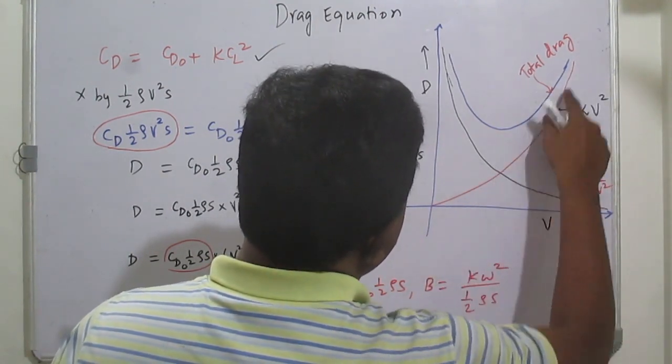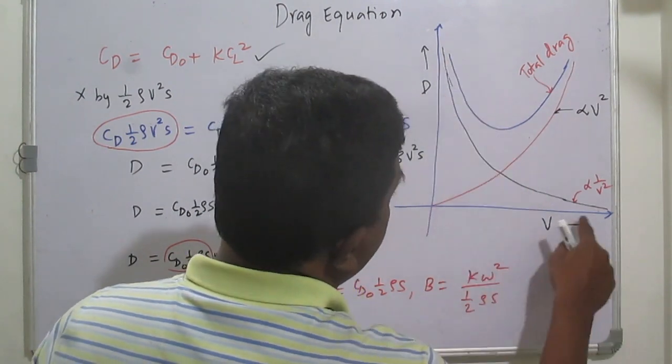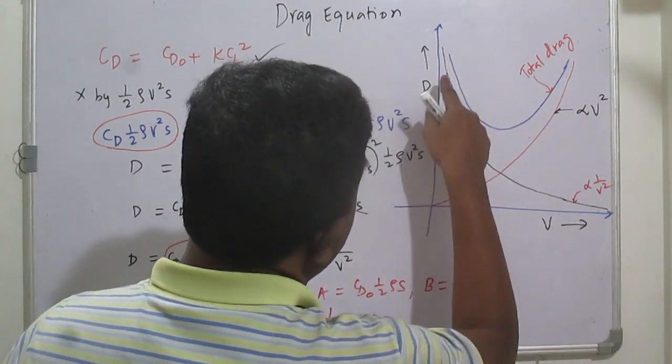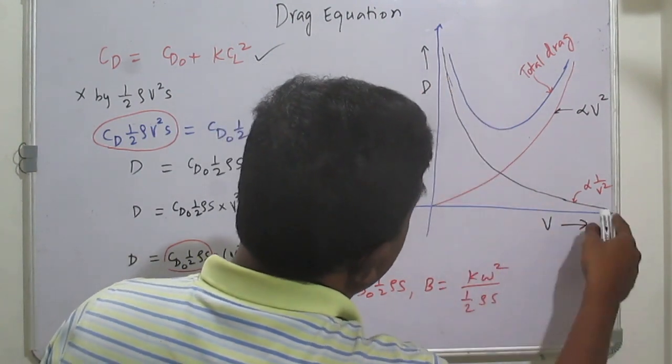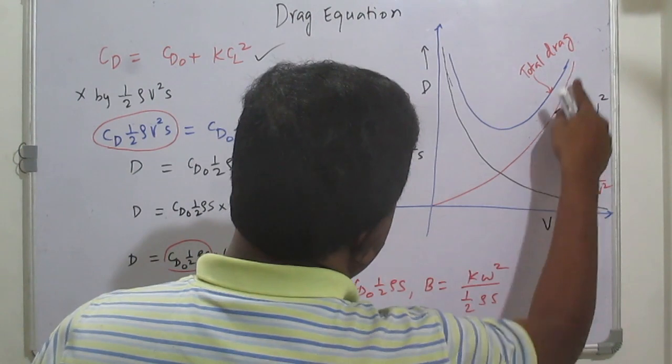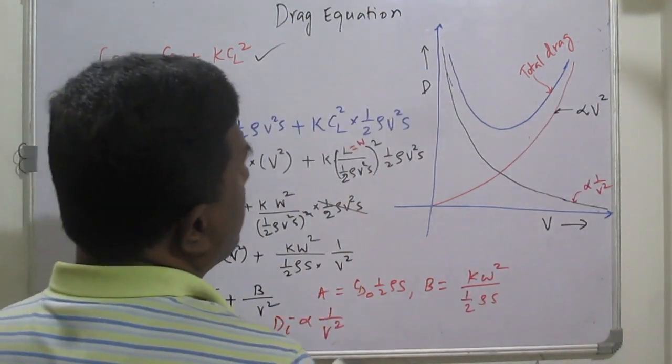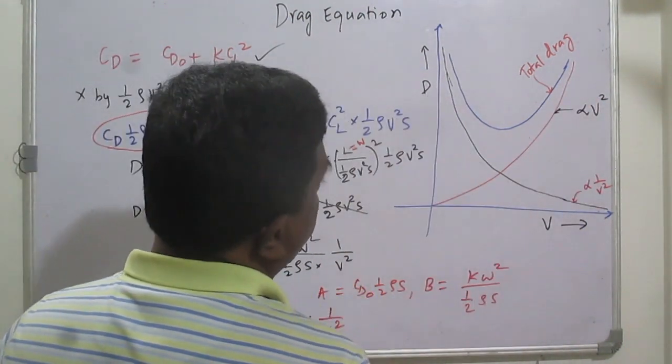The induced drag curve will be an inverted parabola. So this is like a parabola, and this is an inverted parabola.